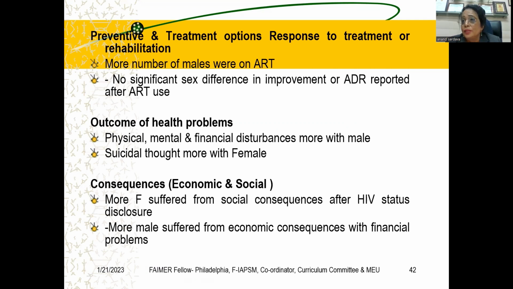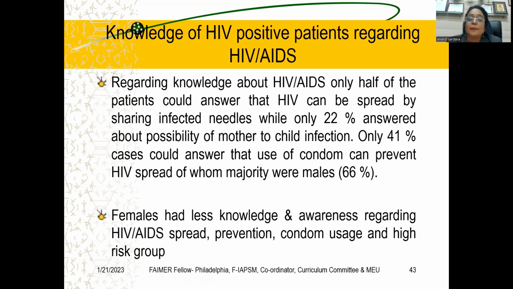So this aspect was equal, as was the provision of healthcare by the healthcare providers. Outcome of health problems: physical, mental, and financial disturbances were more in males. Suicidal thoughts were more in females. Social consequences were more in females, and economic consequences were more in males.